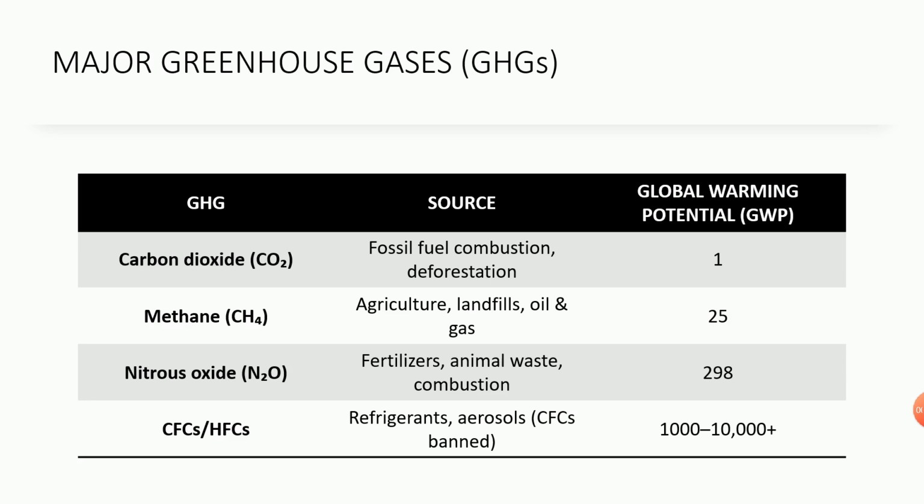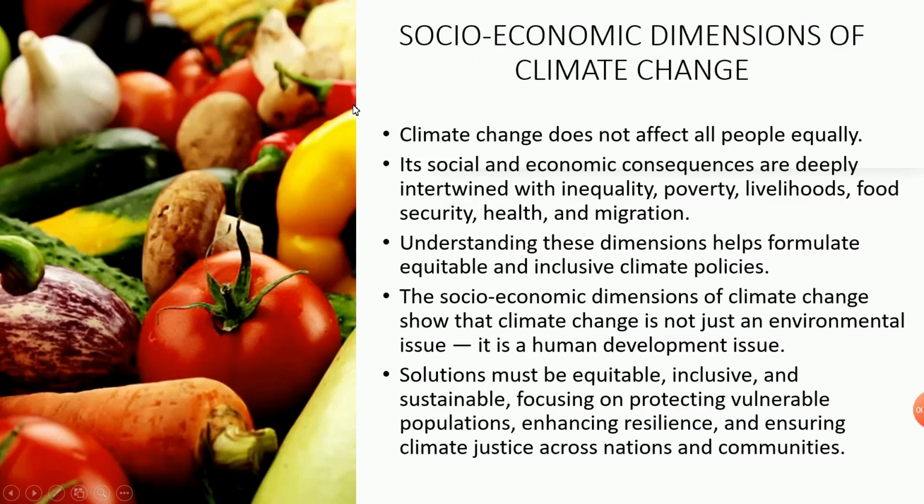When you see a factory burning a certain thing, or even the burning of wheat husk, it creates some kind of particles. When smoke is arising, those air particles are called aerosols. Those things have the largest global warming potential, from 1000 to 10,000 plus. So these are the major greenhouse gases.